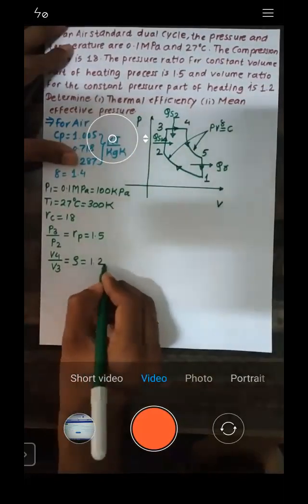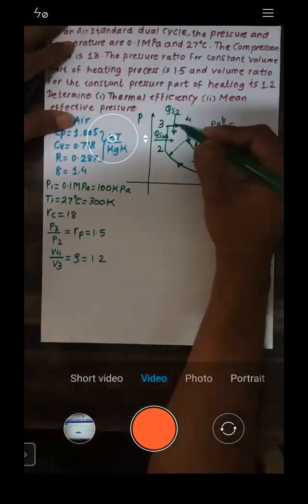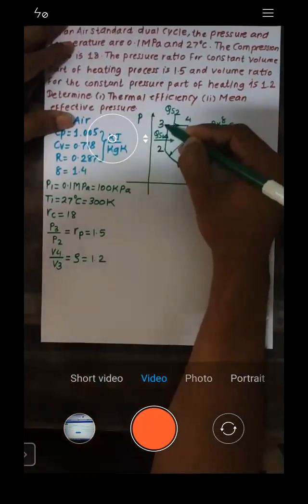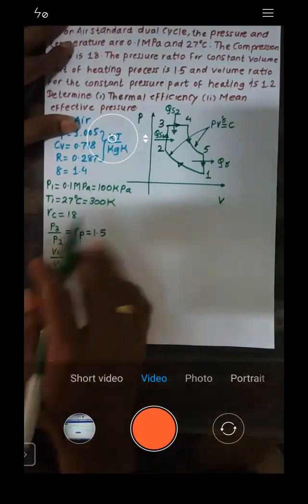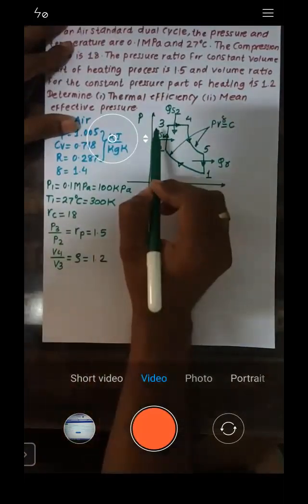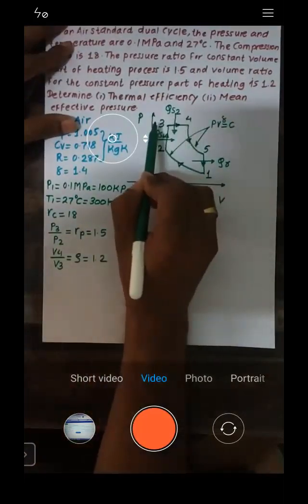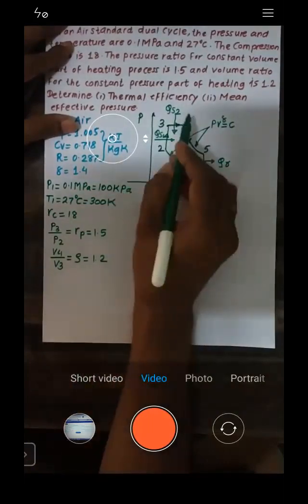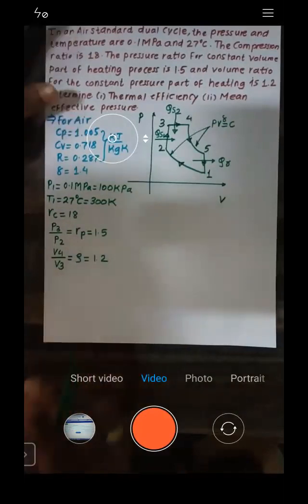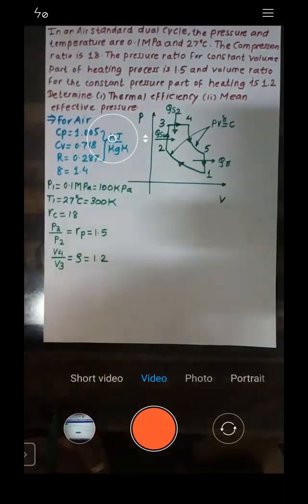So the pressure ratio P3 by P2 is called RP, and it is given as 1.5. Similarly, the volume ratio V4 by V3 is given as 1.2, and V4 by V3 is nothing but the cutoff ratio, indicated by rho. Is that okay? Let me know.